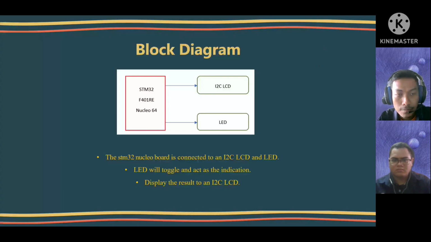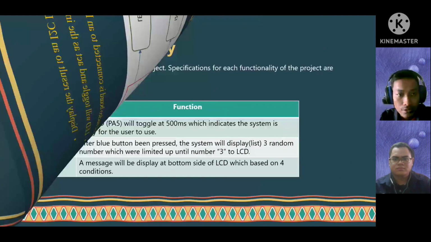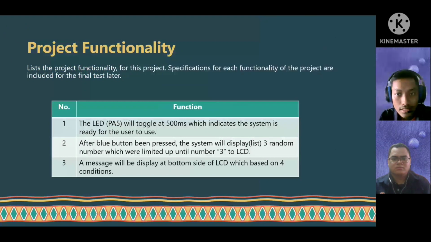Okay. So for the project functionality, the project specification for each functionality of the project is listed here. For number one, the LED PA5 will toggle at 500 milliseconds, which indicates the system is ready for the user to use.